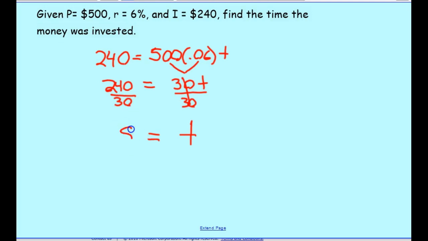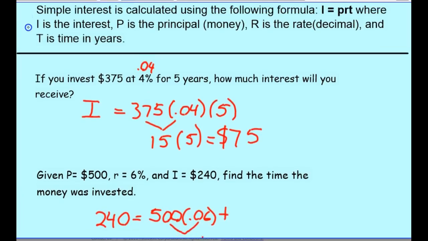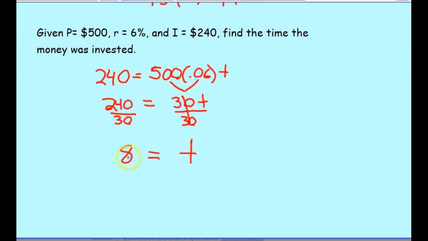Our answer then is 8. So what we're finding then is T, this money has been put away for 8 years. So in 8 years, we've got $240 of interest on $500 at a 6% rate. So 8 years is our time for this one.